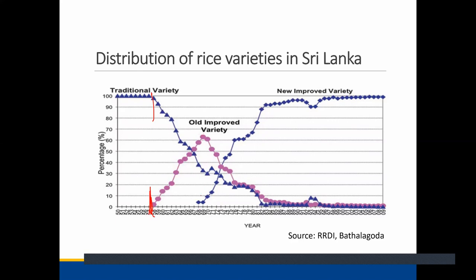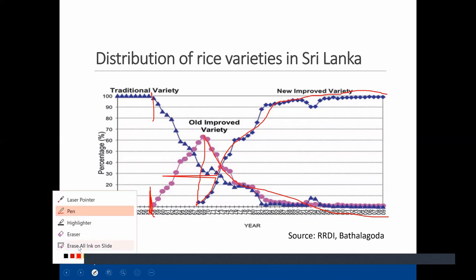But then the newly improved variety technology emerged, and the old improved varieties fell down. Finally, everything was picked up by the newly improved varieties because of their beneficial characters. That's the kind of milestone it shows.